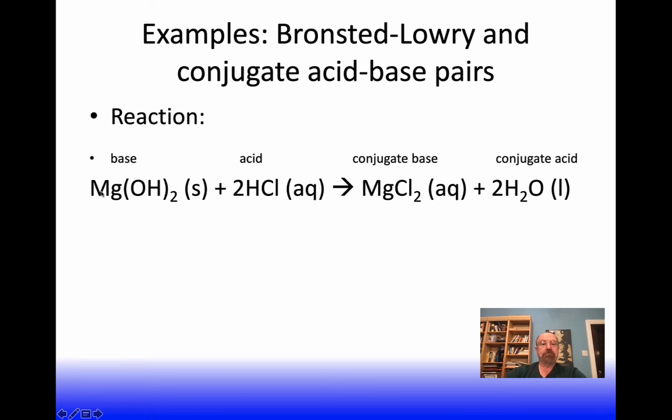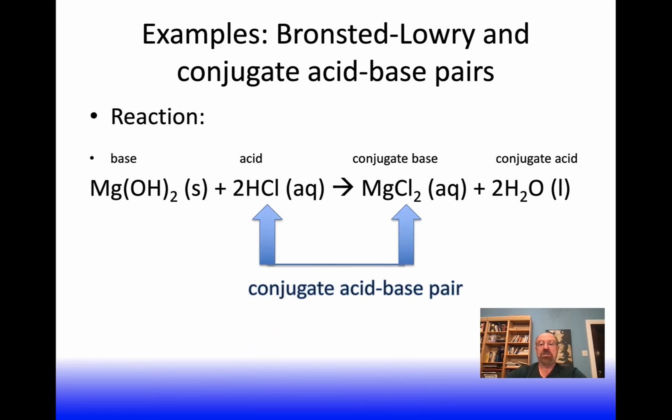So here's our acid, HCl is our acid, magnesium hydroxide is our base, our conjugate base is magnesium chloride, and our conjugate acid is water. Now, we put things together with what are called tie lines. So this is a conjugate acid-base pair. How are they related? The chloride on one side has a hydrogen, on the other side it doesn't.